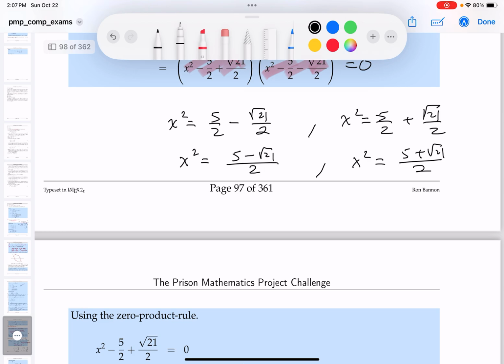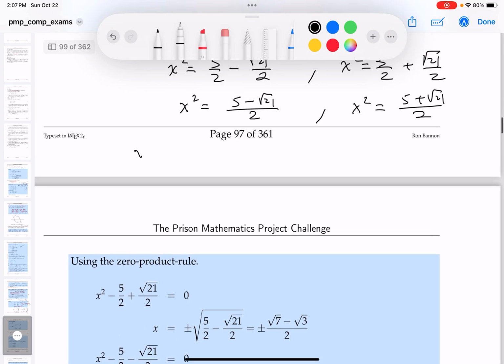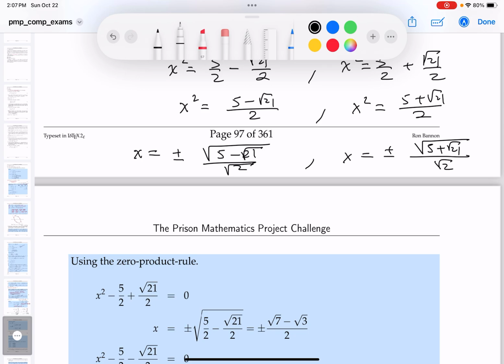Now, someone's going to say, could you put the answer down now? Immediately, you could do it. You could write down x equals plus or minus the square root of 5 minus root 21 over the square root of 2, and x equals plus or minus the square root of 5 plus root 21 over the square root of 2.